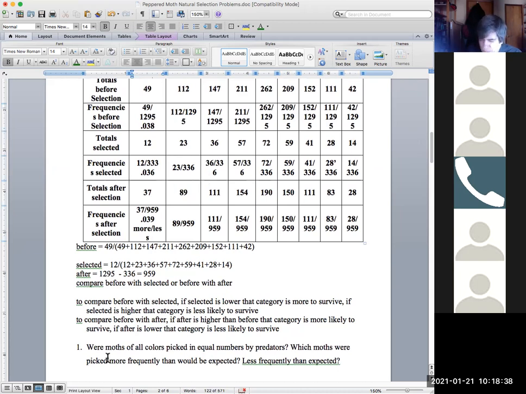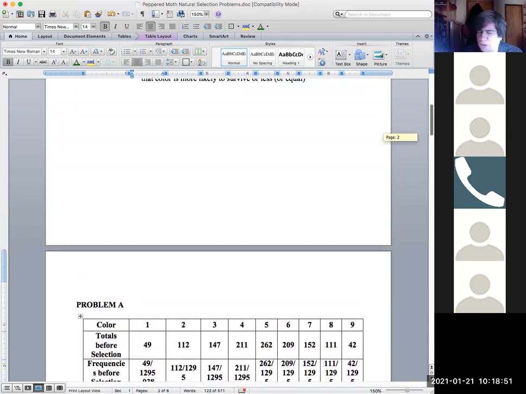Don't worry, there's 2 questions down below, number 1 and number 2. For now, you don't have to do those. We'll talk about those tomorrow. So any questions about how you're going to fill in the rest of the chart?